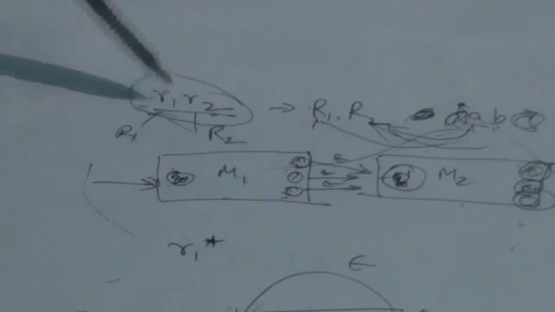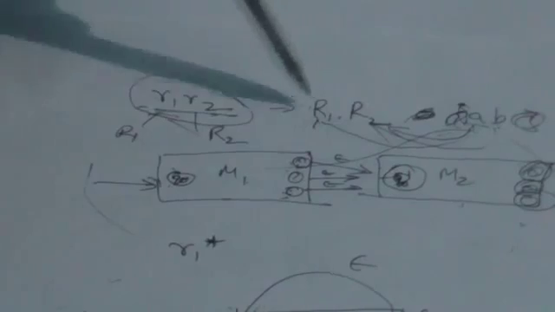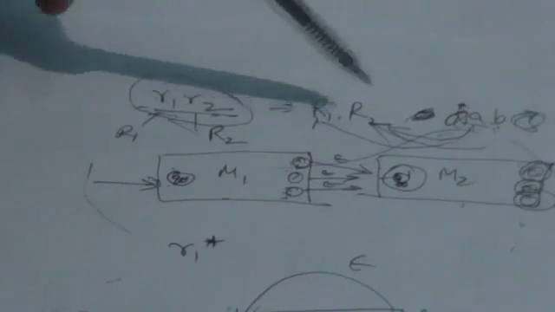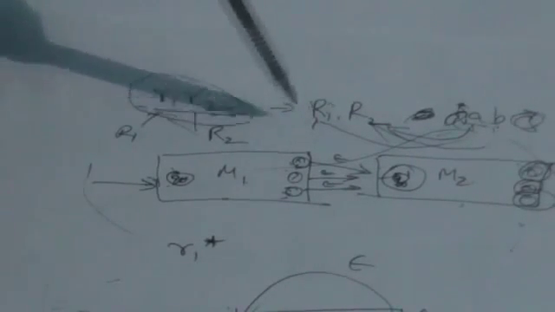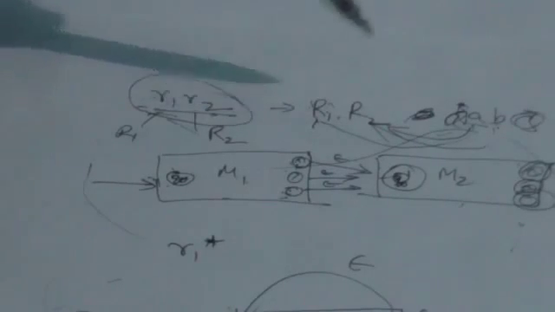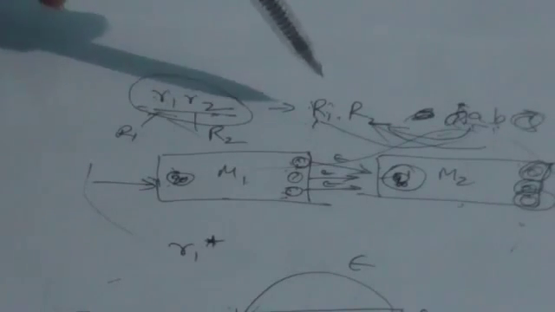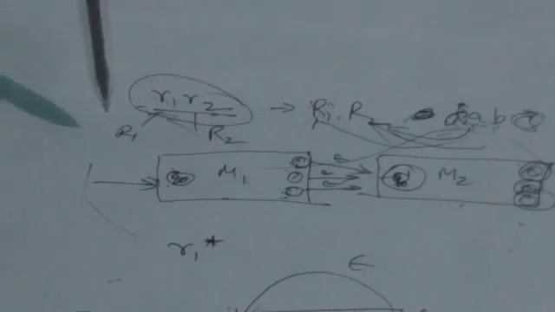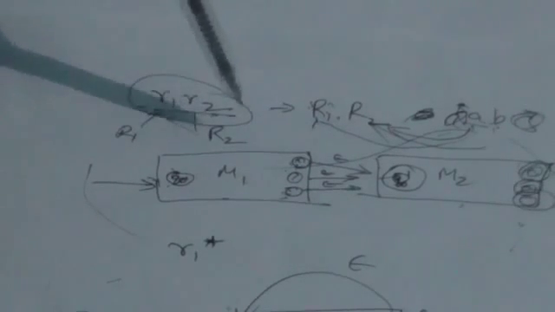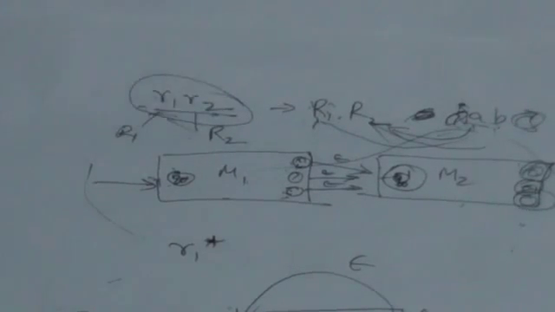This regular expression R1, R2 represents the concatenation of regular sets R1 and R2, which is a set of strings formed by concatenating the strings of set R1 with the strings of set R2, right?